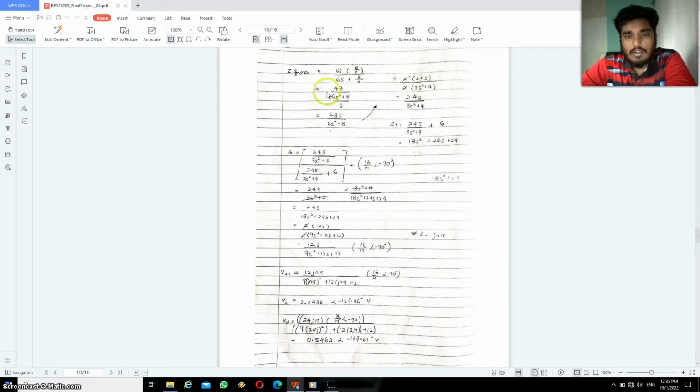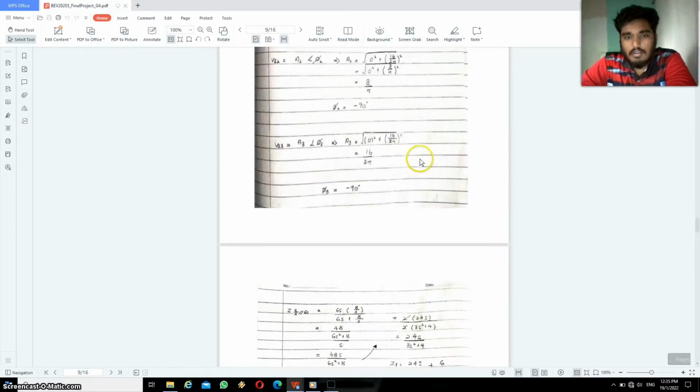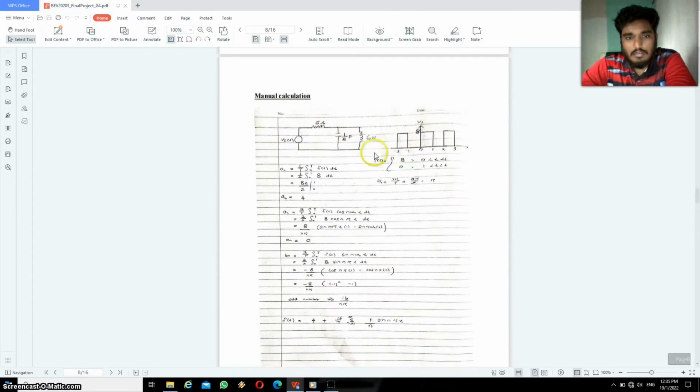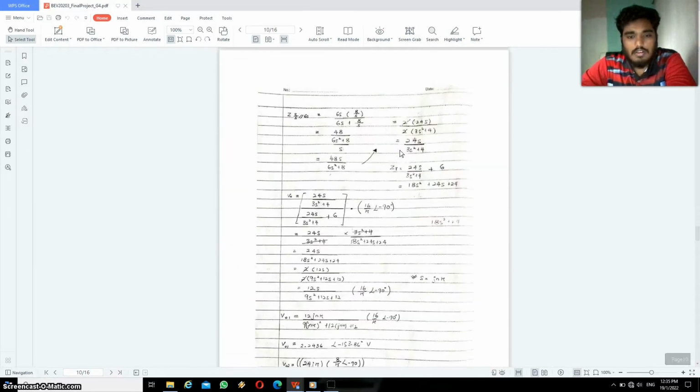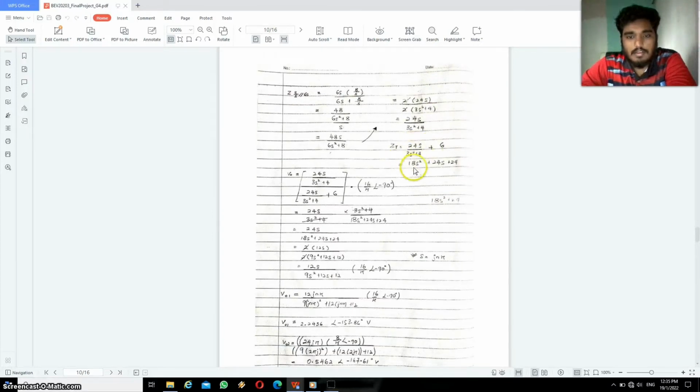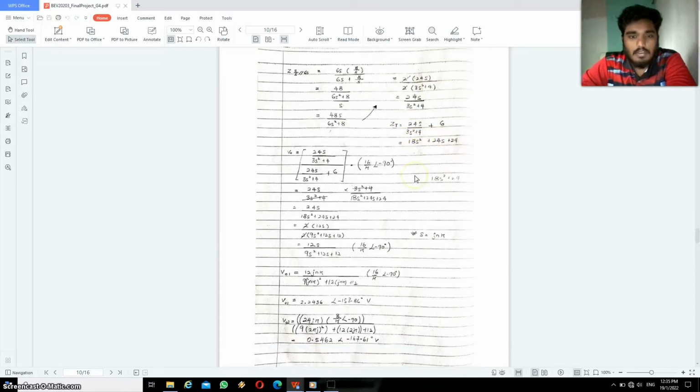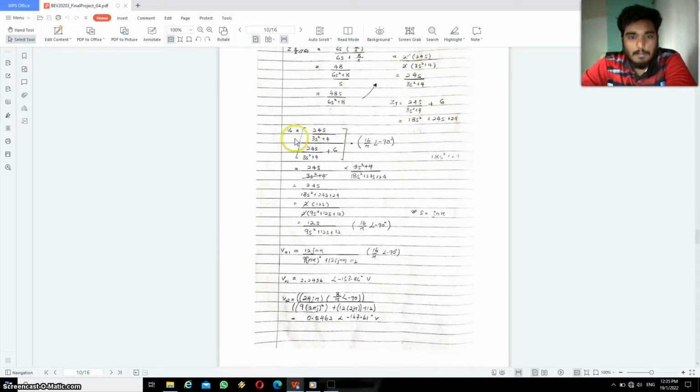Next, we are going to find the impedance of the circuit elements: resistor, capacitor, and also inductor. So the total value of impedance will be 18s² + 24s + 24. And then we find the V naught of the circuit.